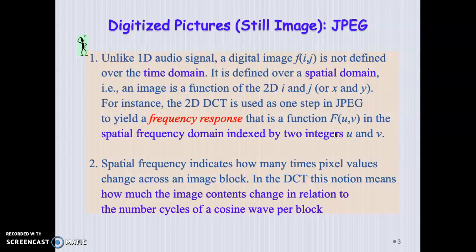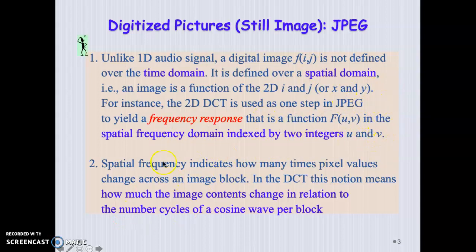JPEG is unlike a 1D audio signal. It is a digital image which consists of F(i,j), which is not defined over the time domain. It is defined over a spatial domain. For example, an image is a 2D function of i and j, or it can be x and y. For instance, the 2D DCT is used as one step in JPEG to yield a frequency response, which is a function of F(u,v) in the spatial frequency domain indexed by two integers u and v.